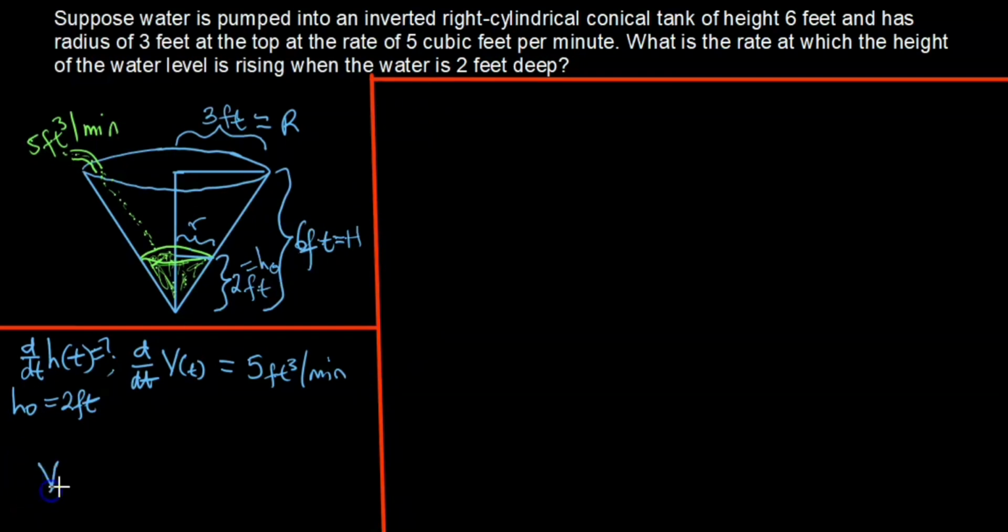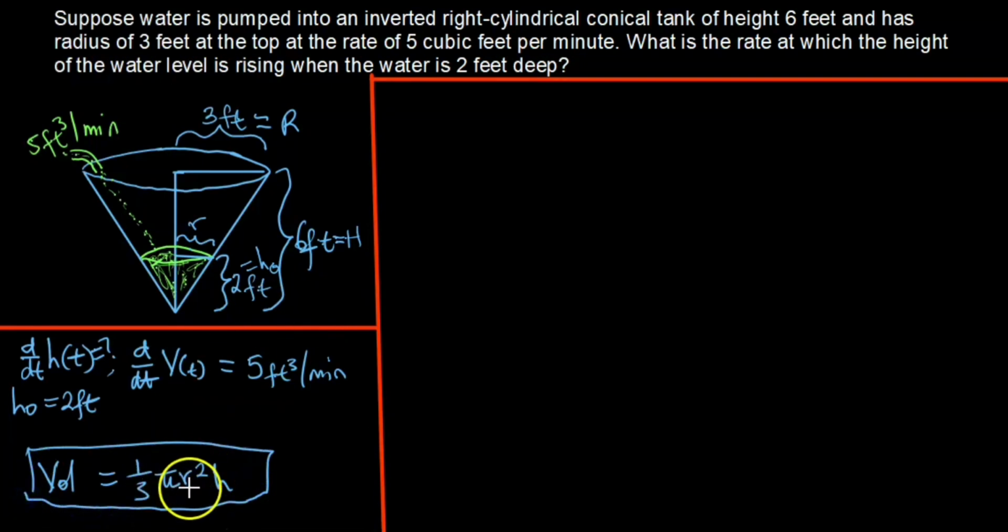The volume of a cone is 1/3 times the cross-sectional area times the height, where this is the radius. So this is the formula for finding the volume of a cone.